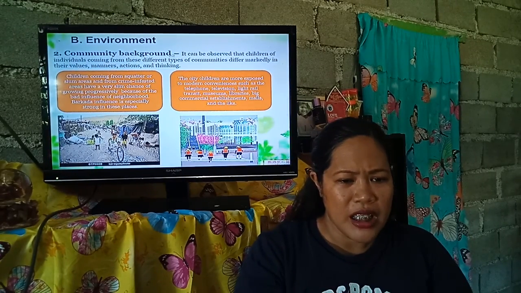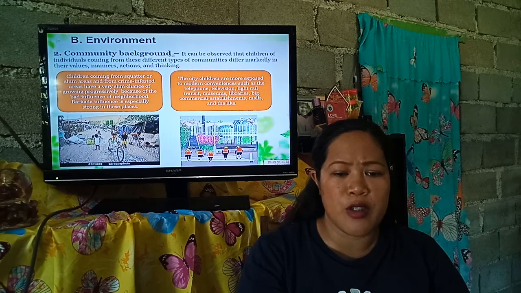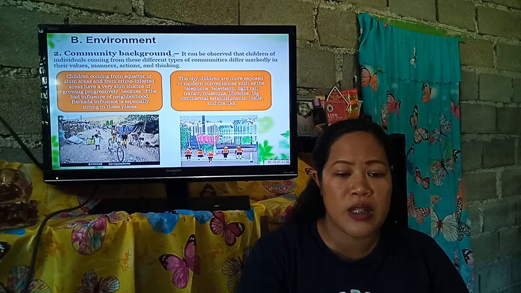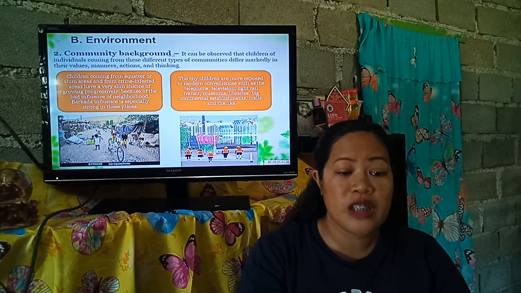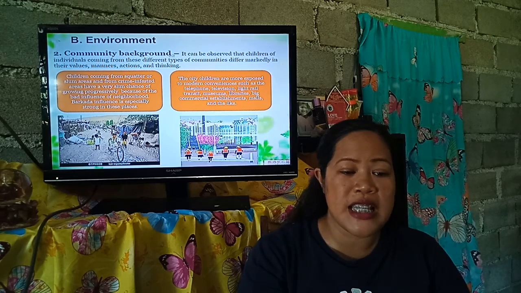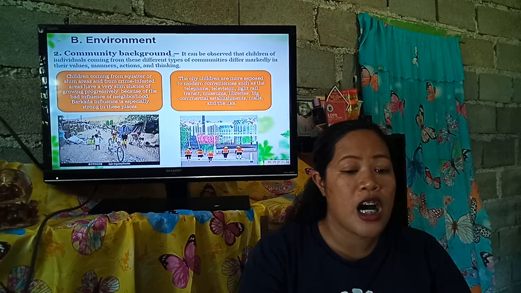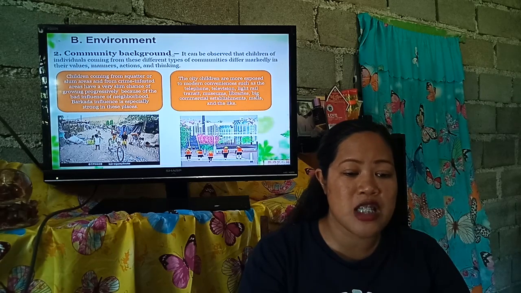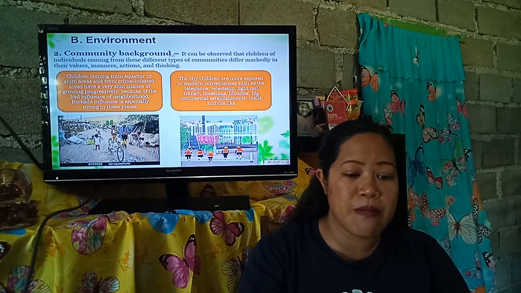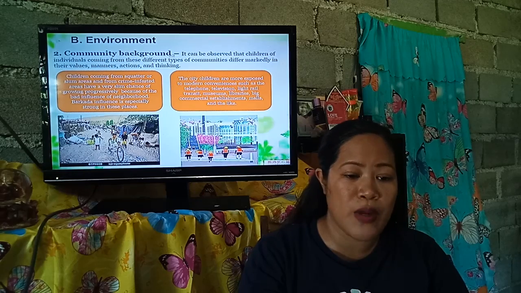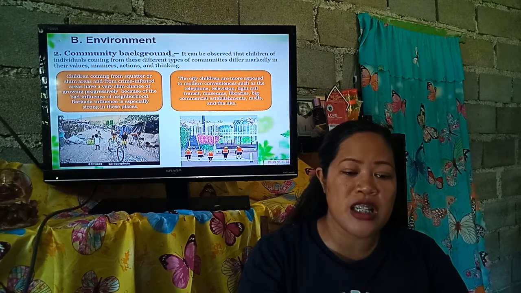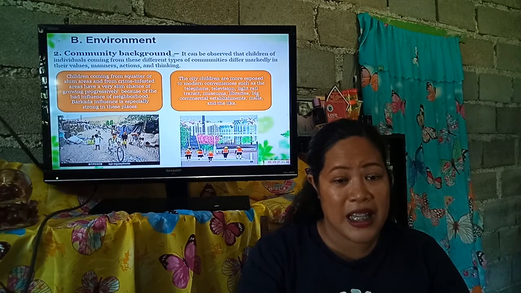In community background, children coming from squatter or slum areas and from crime-infested areas have a very slim chance of growing progressively because of the bad influence of the neighborhood. Barkada influence is especially strong in this place.